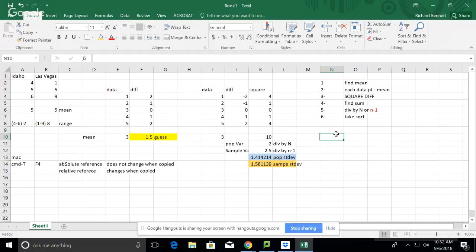So let me ask you a question. Let's say that on a test, I wanted to find the mean score of this class. Would this class be a population or a sample? Population, right? So could I find the population standard deviation for this class?